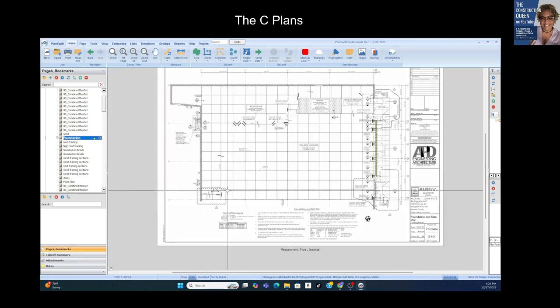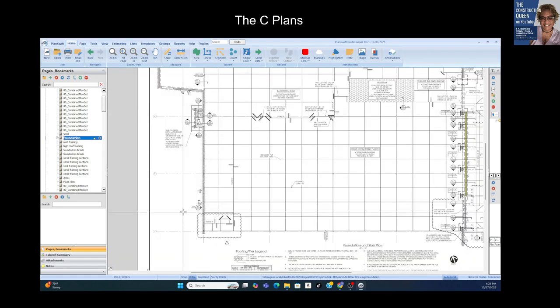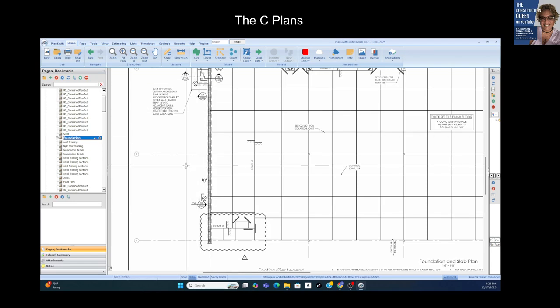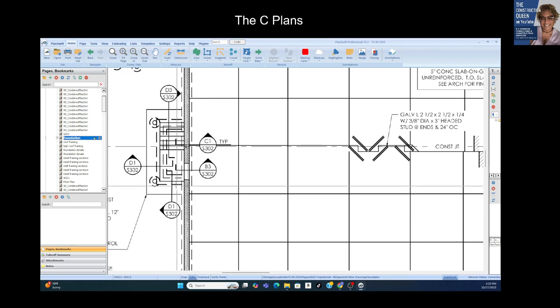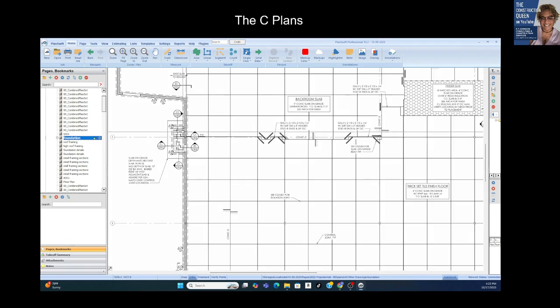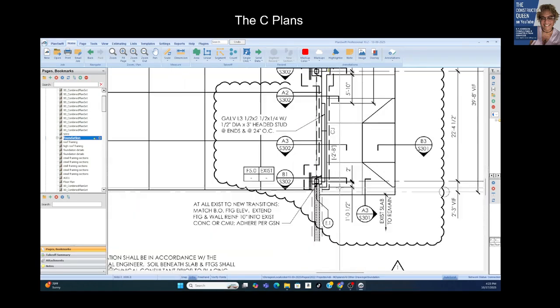So I would follow wherever it made sense, and I'm going to follow all of the section views wherever they lead me. Okay. And so I'll start here.